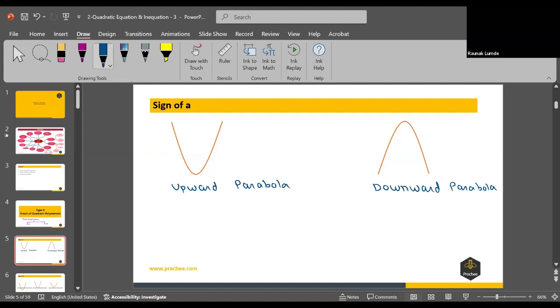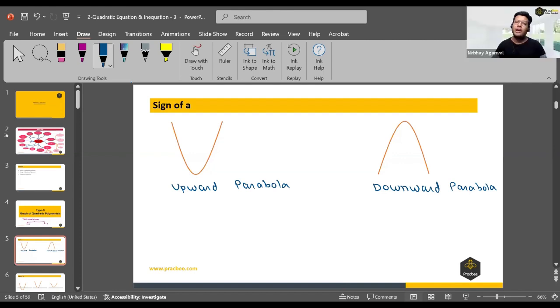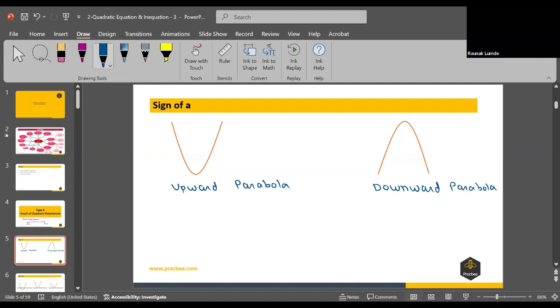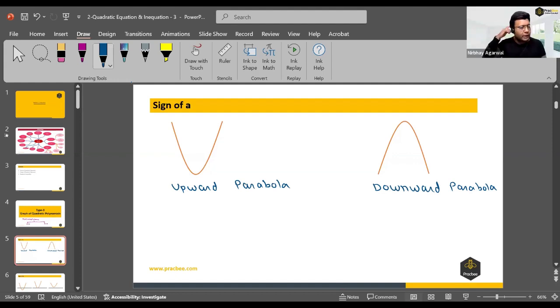It depends on the sign of a. So basically, if your coefficient of x square is positive, it means if a is greater than 0, then it would be an upward parabola. Otherwise, downward parabola.